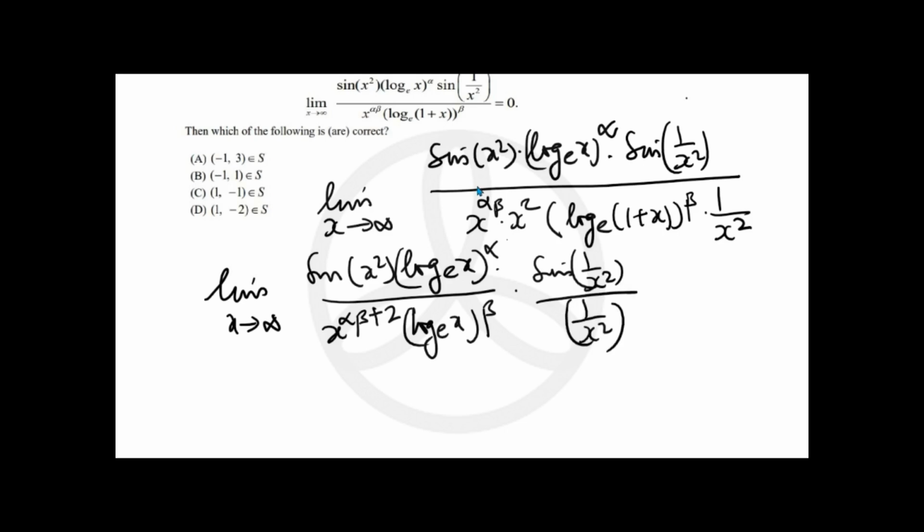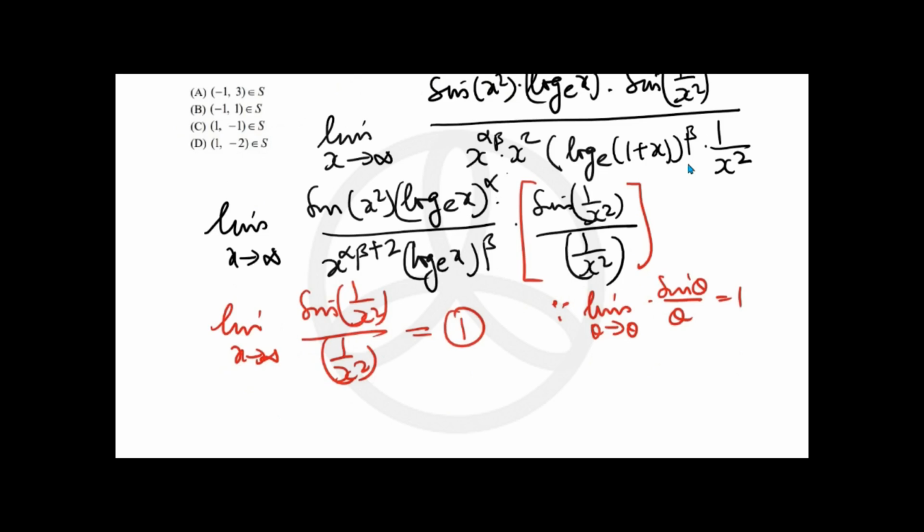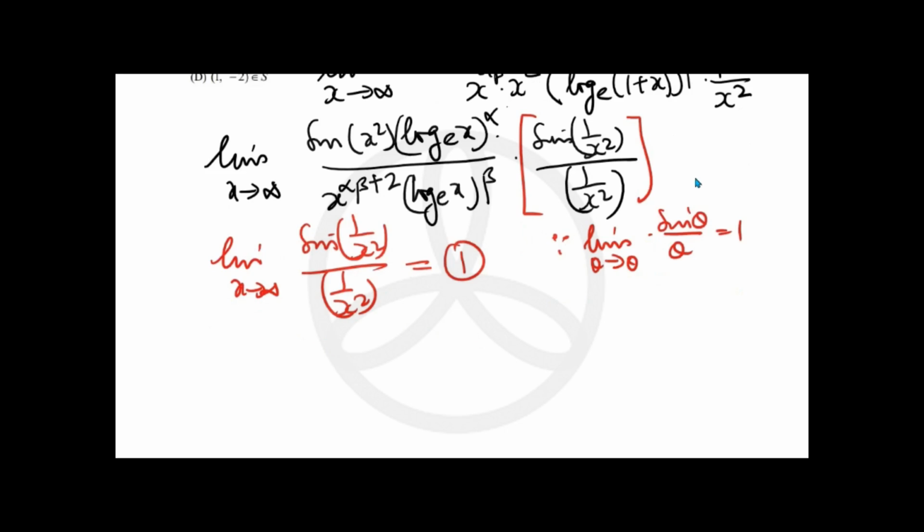As per the rule, the limit can be applied separately on this particular portion, and when the limit is applied, x tends to infinity, sin will result into 1. Since we know limit theta tends to 0, sin theta over theta is equal to 1. When the value of theta is infinitesimally small, the value of sin theta almost becomes equal to theta, and therefore it will result into 1.